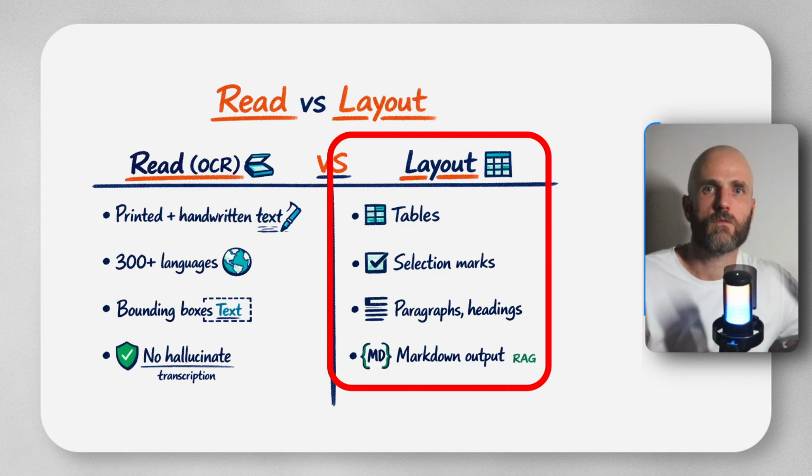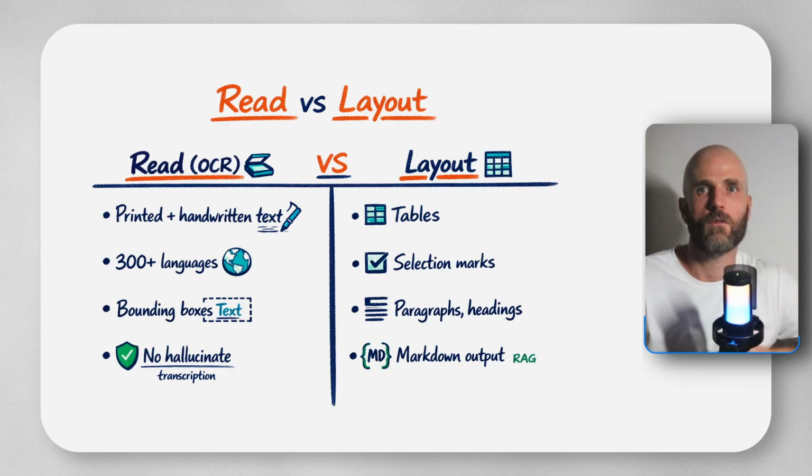It returns structure: tables, selection marks like checkboxes, paragraphs, headings, and can output Markdown, which is actually a big deal when I'm feeding this into a RAG. RAG is Retrieval Augmented Generation, where a model answers questions using your own documents, and Markdown is just easier to split into clean pieces, chunks, than random OCR text.